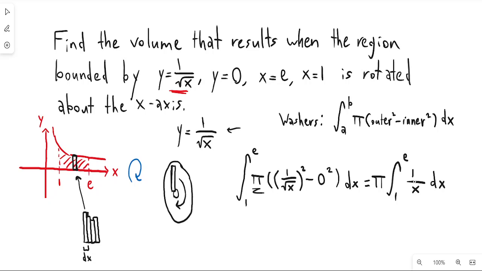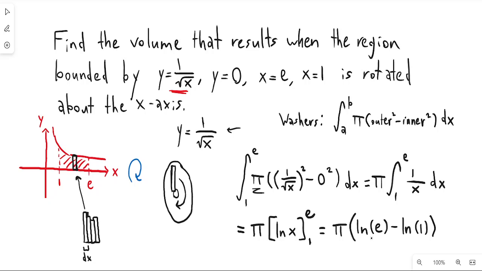But remember, the integral of 1 over x is equal to natural log of x. So my integral is the same as pi times natural log of x, and then we want to evaluate at 1 and at e. So I have natural log of e minus natural log of 1.